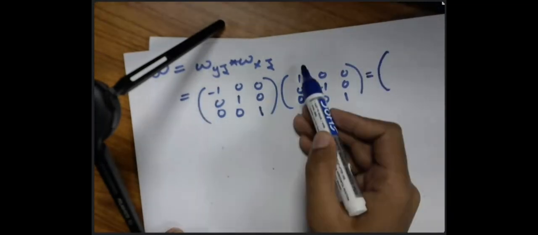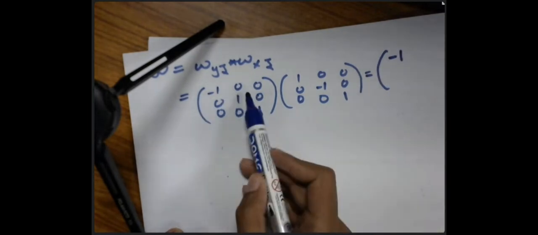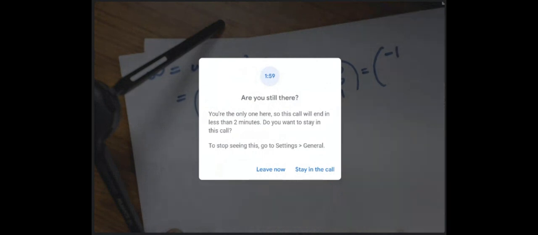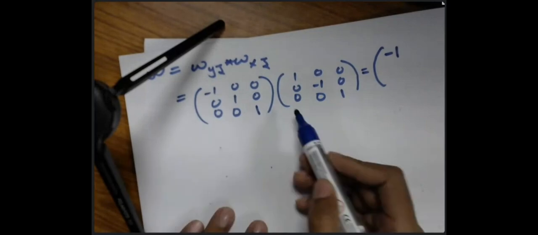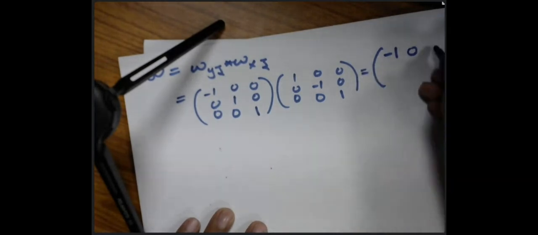First row, first column, minus 1. First row, second column is nothing but 0. First row, third column, again 0.